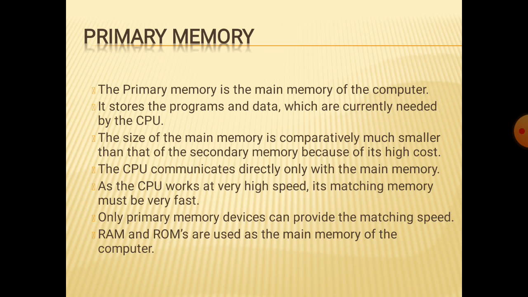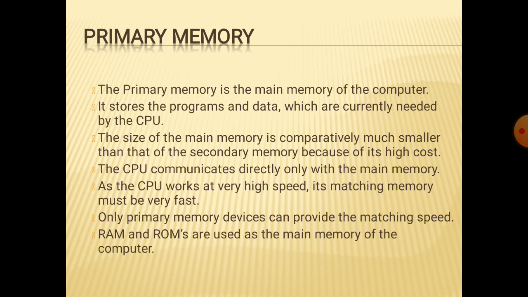All the calculations and operations are performed at high speed in your CPU, so the memory used to give input and store output with your CPU should also have the highest speed. Only primary memory devices can provide the matching speed. Your secondary memory cannot give that matching speed. For that reason, your CPU always communicates directly with your main memory at the time of processing.